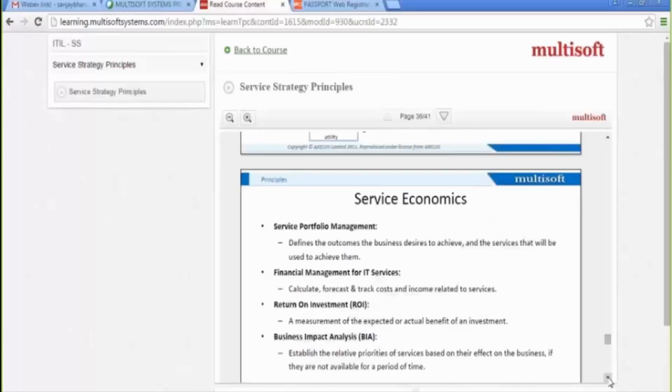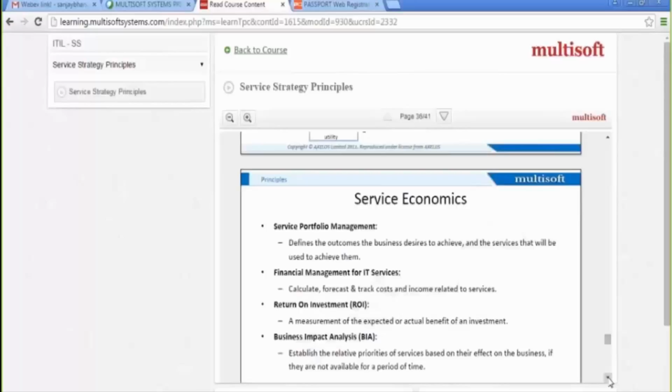Second, we have the pipeline services. Pipeline means something is under construction. I'm making something, under development, under testing, right? So this is my pipeline of services. And retired means which is retired, which is no more. Okay, so this makes the complete portfolio that is called the service portfolio management.